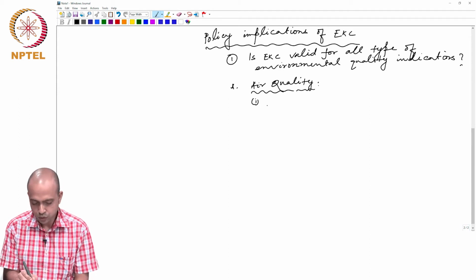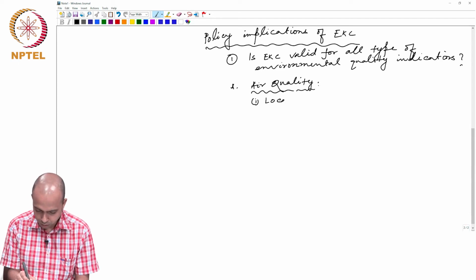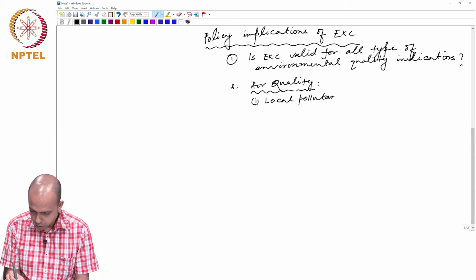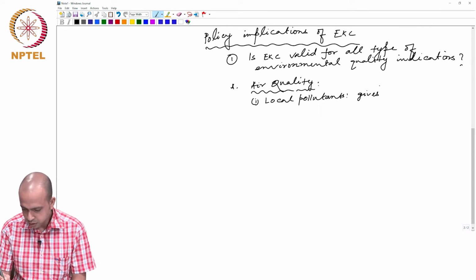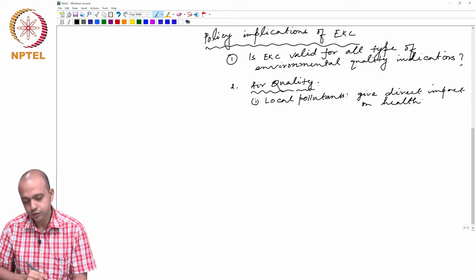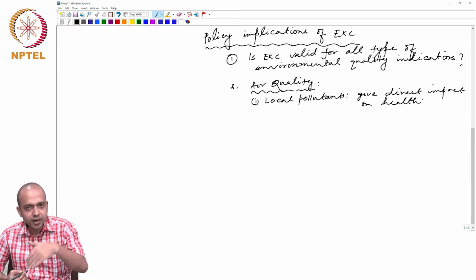One is called local pollutant. Local pollutants give direct impact on health. Okay. These local pollutants have direct impact on health.